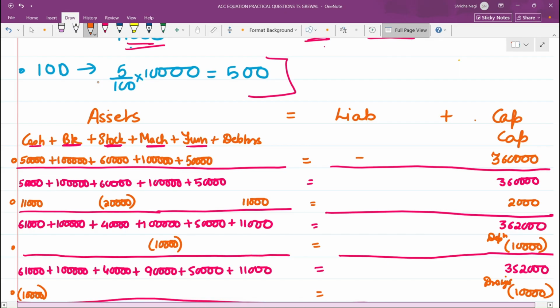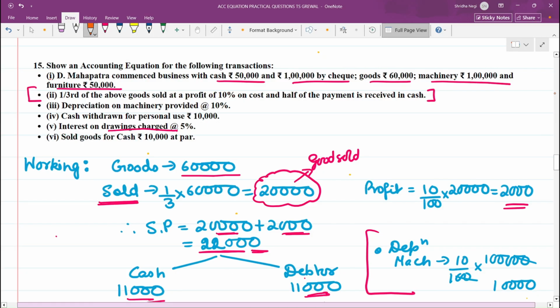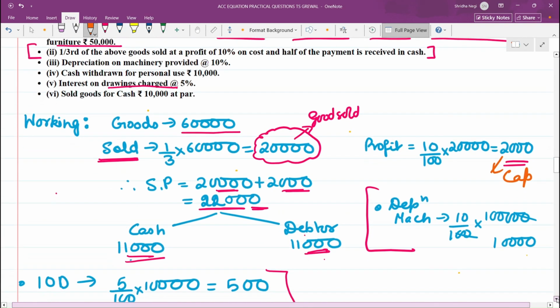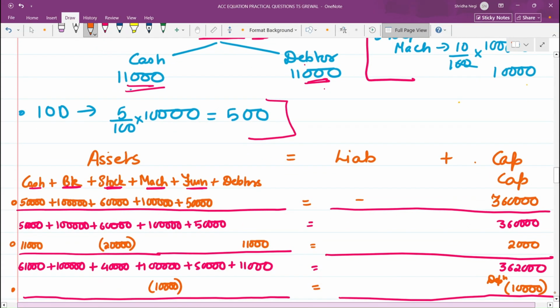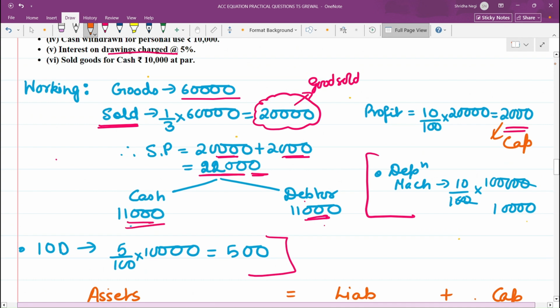Now the next transaction is 1/3 of the above goods, which was written above, 1/3 of the above goods were sold. Now whatever working, this profit will affect the capital account. So you immediately add the profit to the capital account. Okay, then what else? How much cash are you receiving? 11,000.